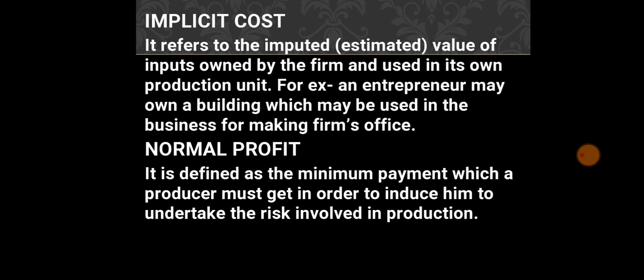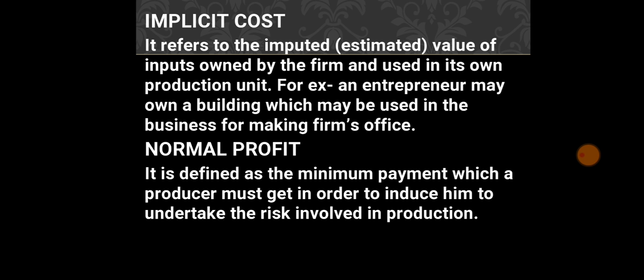Am I paying the rent to myself? No. So that type of estimated rent here is what is known as implicit cost. It is the owner's own property used for business purposes, so that cost which he actually does not pay is known as implicit cost.